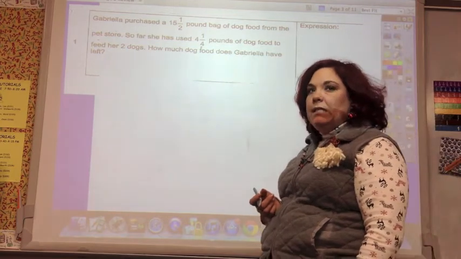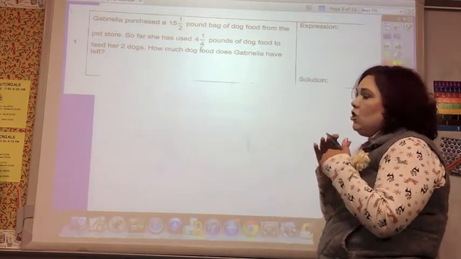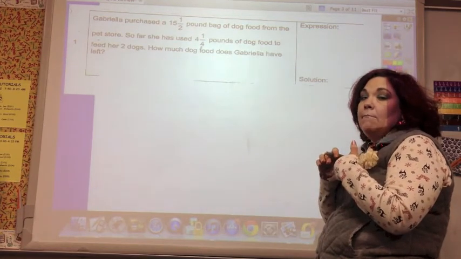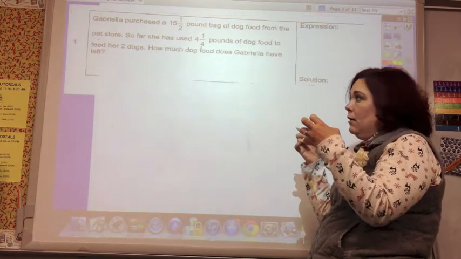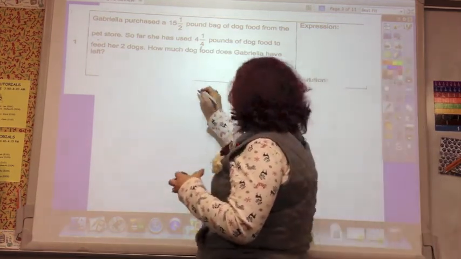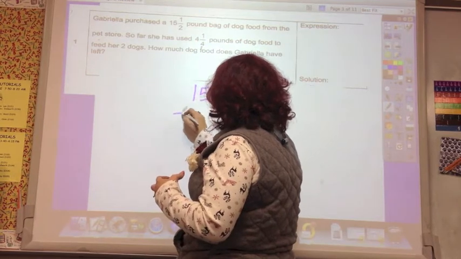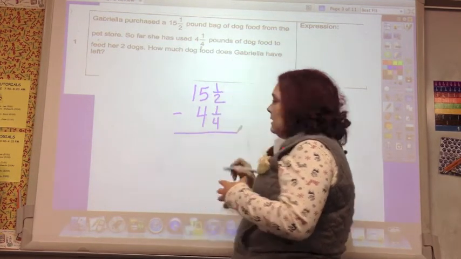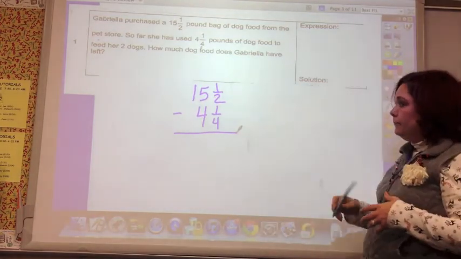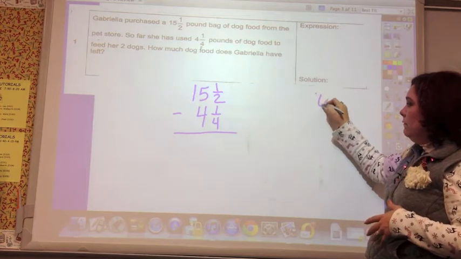Okay, so we say, what is this asking us? It's asking us to find out how much she had left. So that means that she had some and some was taken away. So the part that she had was 15.5 pounds. And the part that was taken away was 4 1/4. Well, let's estimate before we do anything. 15 1/2 would estimate to 16.